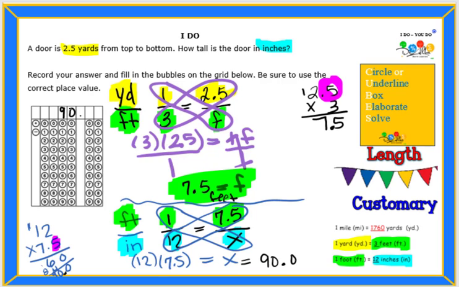It won't change the value of the number, but the 90 in front of the decimal must both be put, and then we would bubble in nice and neatly, and we are done. So 2.5 yards is equivalent to 90 inches.